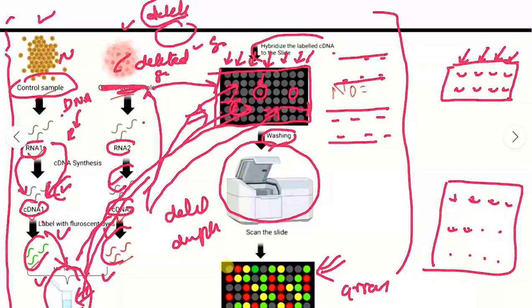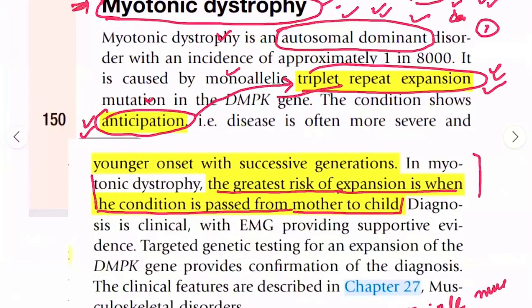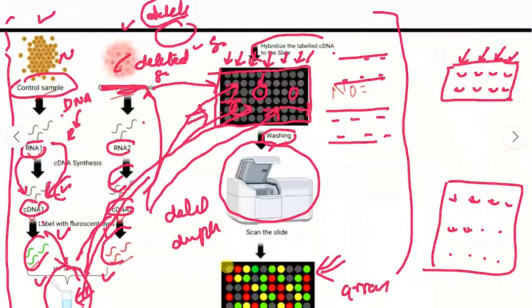Now I will show you. Basically, you will get your exam questions from your SOP book. Here, the red and green colors were different. I have seen on YouTube and Google that they have given different ways, like the normal control with the green color and abnormal with the red color.